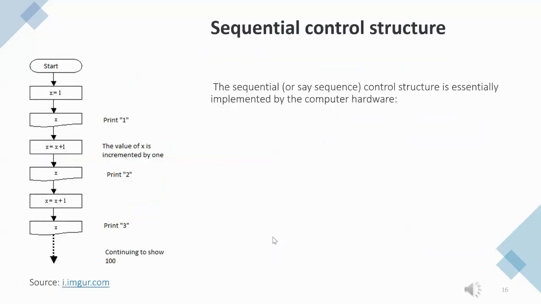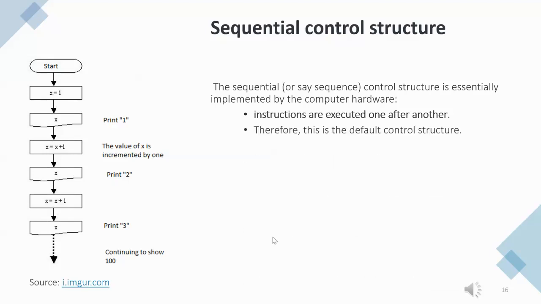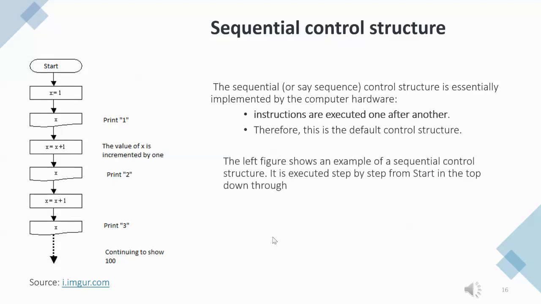The sequential control structure is essentially implemented by the computer hardware. Thus, the instructions are executed one after another. Therefore, this is the default control structure in your program.